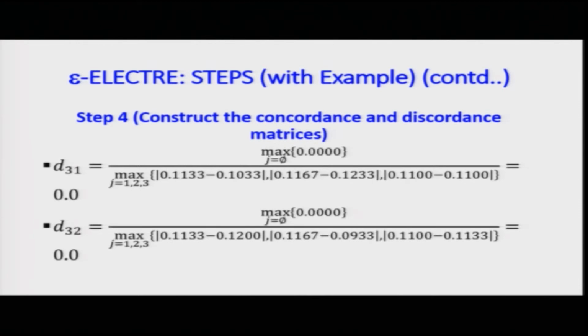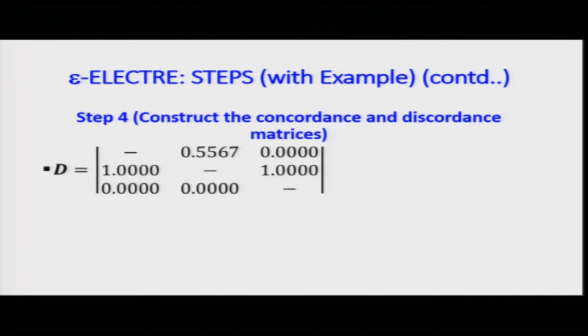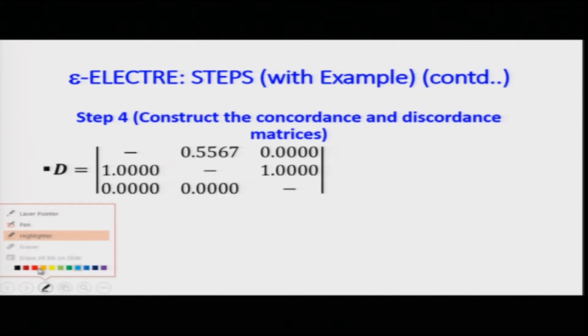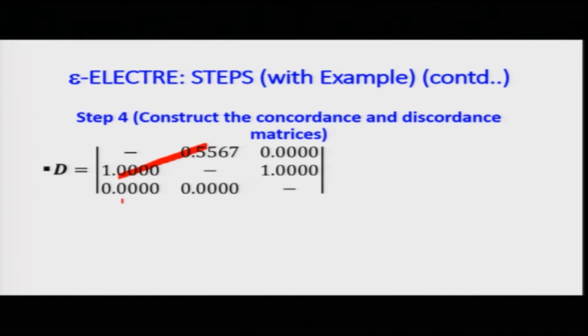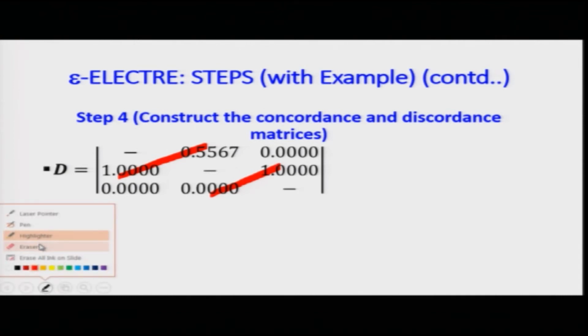When I go to D31 and D32, both the values are 0. Utilizing this, I have the D matrix, so you check. The principal diagonal values are not symmetric, and this is very important. This is symmetric, that is a coincidence, but this is also not symmetric. Oh, I should use a different color.